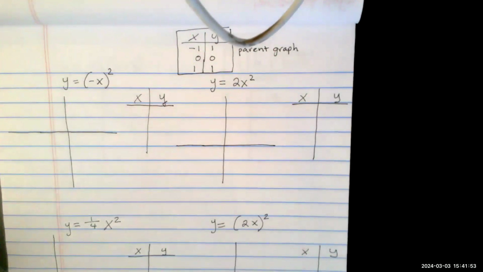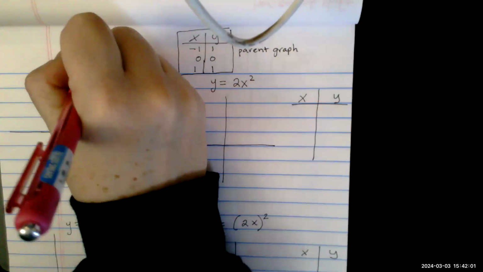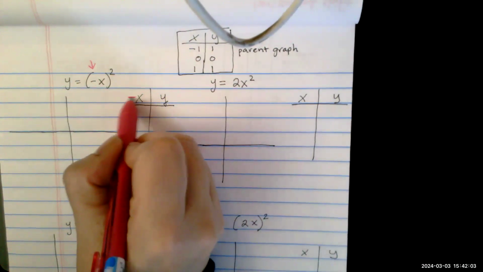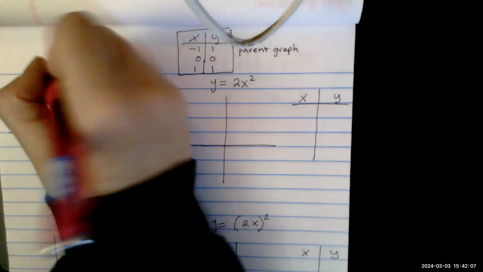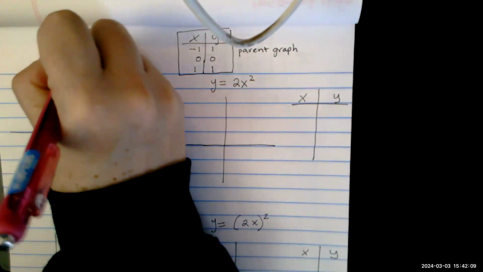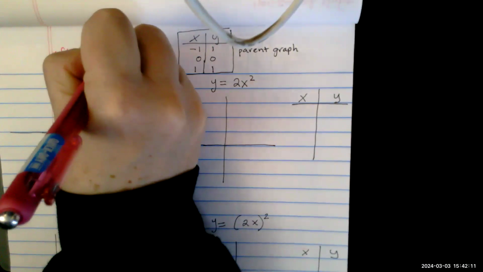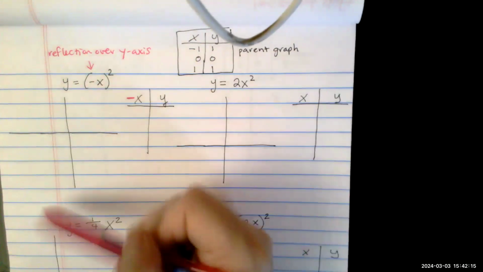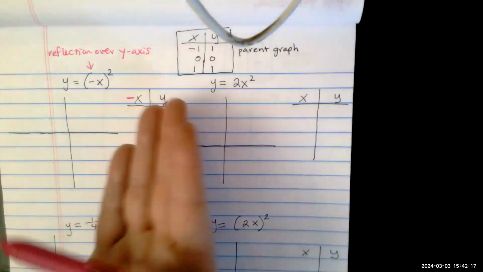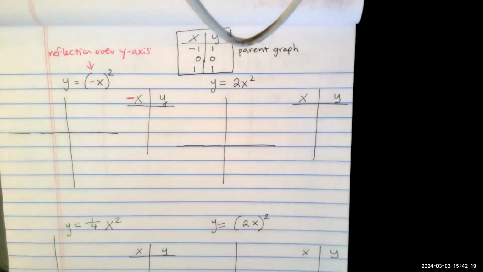Okay, most of you could probably guess what's going to happen this time because it's still a negative. So it's going to be a reflection, but the negative is inside. So it's going to affect the x's, but it's probably going to be called a reflection over the y-axis. Because if last time we flipped over the x, this time we're probably flipping from left to right over the y, right?